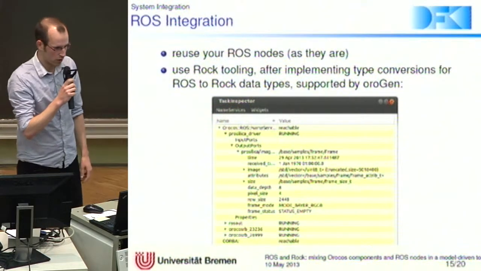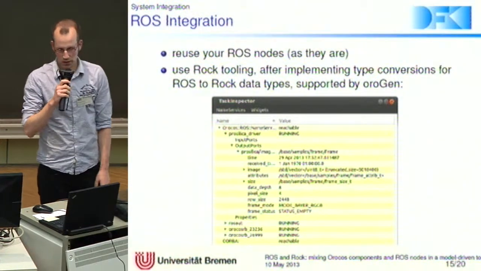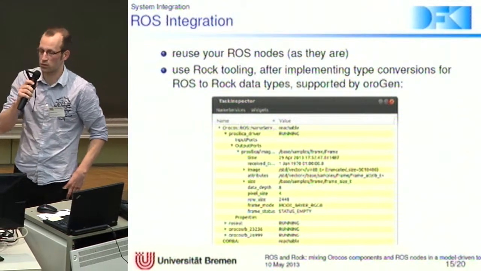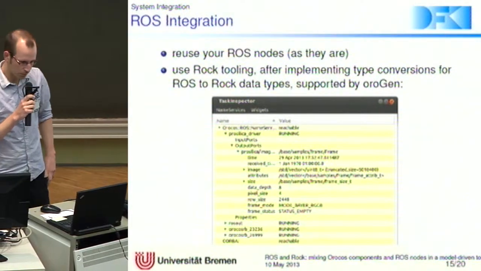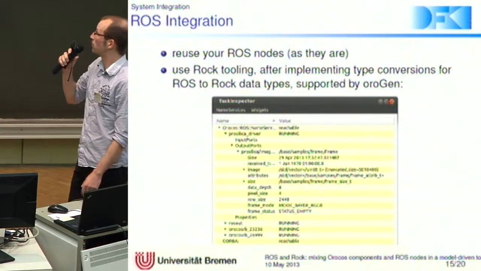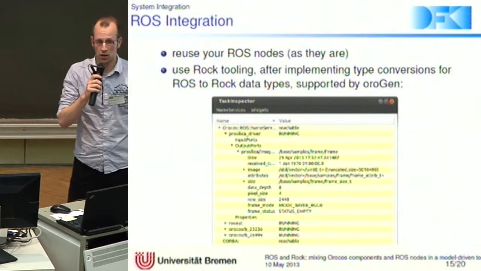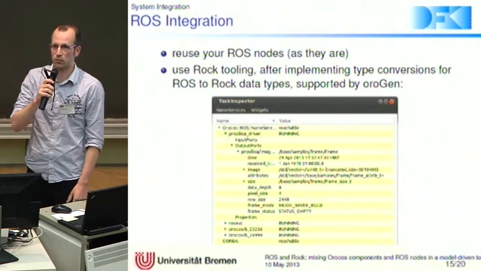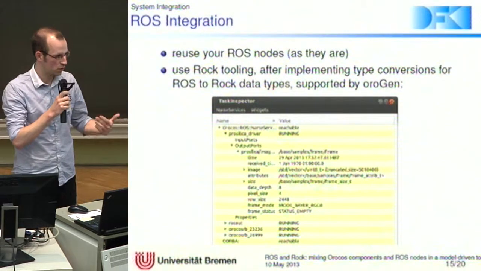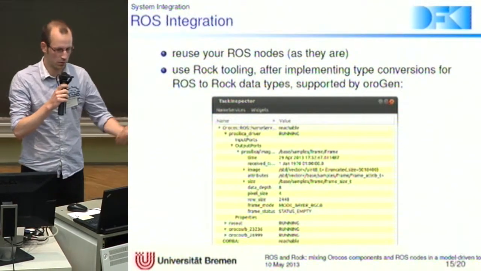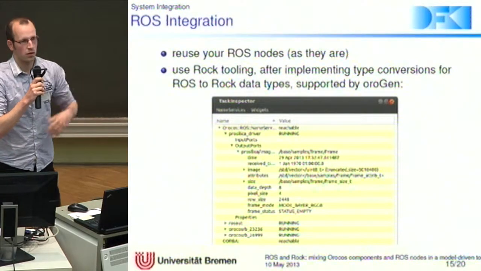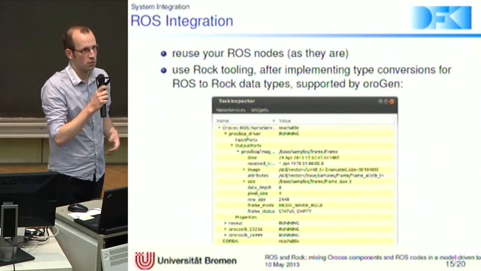The ROS integration, just to show what it might look like, is here in our so-called task inspector, which shows all running nodes on a system. There is the ROS master that has to be started, plus in this case we have a ProSilica, like the typical ProSilica drivers tutorial. If you follow that, you get a running ProSilica driver, and your camera provides an image.